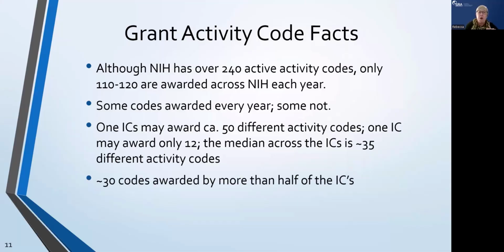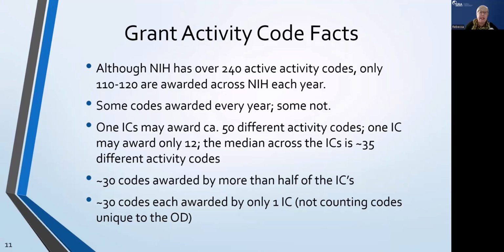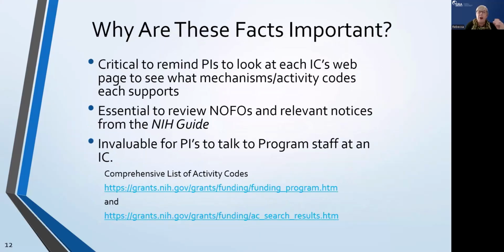There are about 30 codes that are awarded by more than half of the ICs. And there are 30 codes that are only awarded by a single IC, not counting the ones that are unique to the Office of the Director. So why does that matter? It's critical to remind PIs to look at each IC's webpage to see which mechanisms and activity codes each supports.